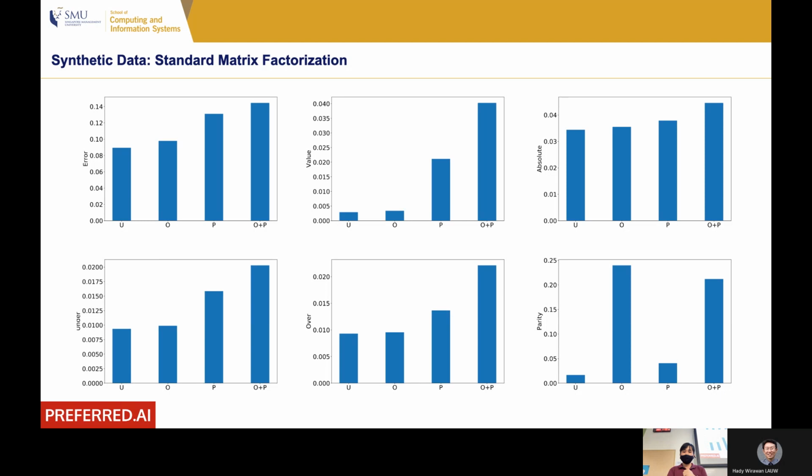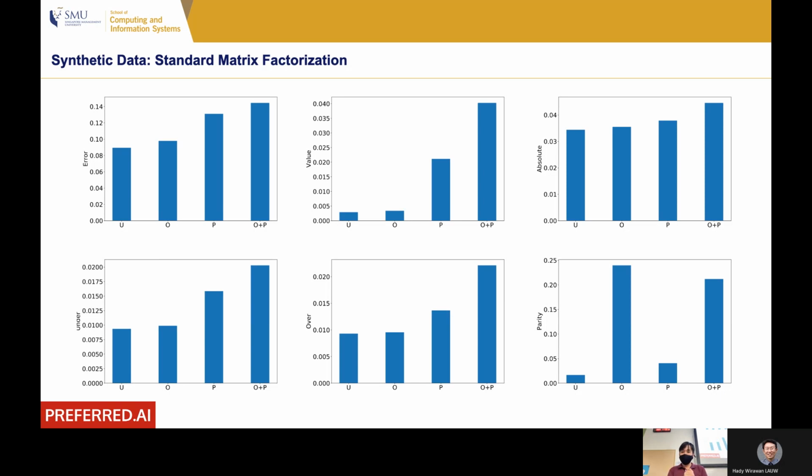You can see that the uniform one is the least biased one, so we expect it to have the lowest score for the different fairness metrics, and it turned out that we have even the best error rate for that unbiased group.